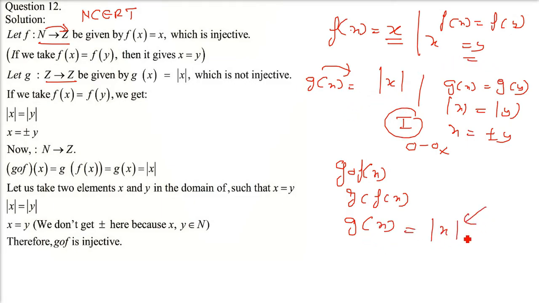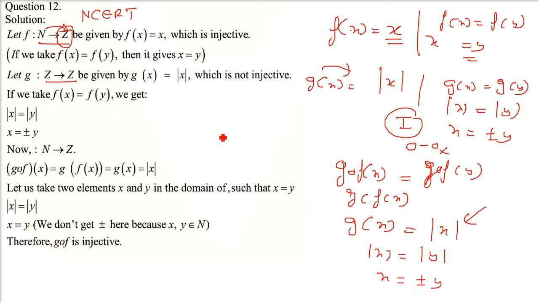Let us check gof, which is equal to mod x, for one-to-one. GOF x is simply some function like fx or fy. So gof x equals gof y, you have to prove that x equals y comes, then you are done. So g of fx is mod x, g of fy is mod y. But x is equal to plus minus y. But the thing is, it is plus minus y, but we are talking about the gof.